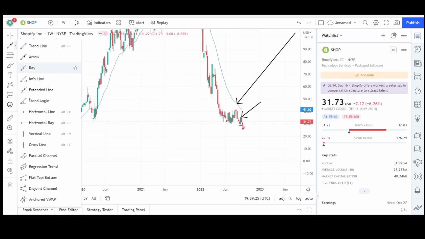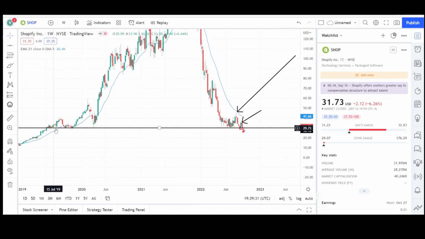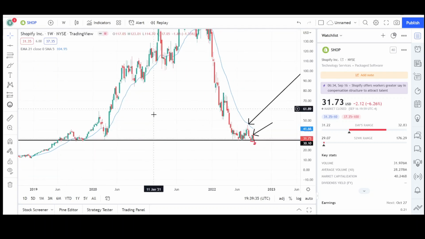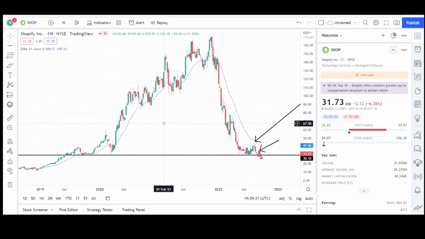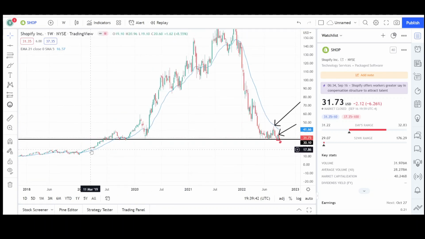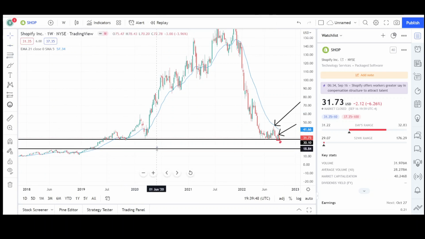You can see that we're pretty much right on the edge of a big push down, because this is a strong support. And you can see that we have not been below this horizontal line since 2019. So Shopify is pretty much right on the edge of breaking out lower. And the next strong support, or where we can get a bigger bounce, is right around the $16-17 level.